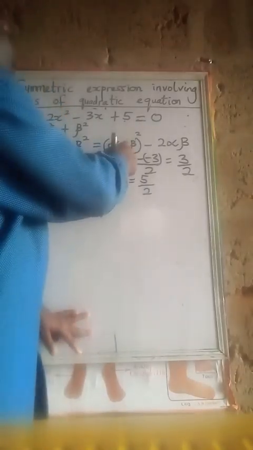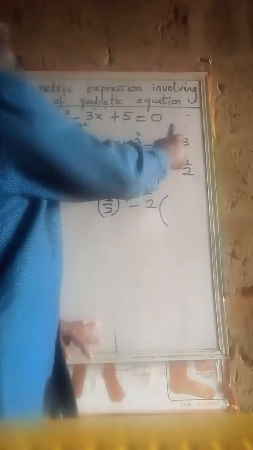Therefore, alpha square plus beta square is equal to sum of the roots raised to power of 2, and that is 3 over 2 raised to power of 2, minus 2 times product of the roots, which is 5 all over 2.